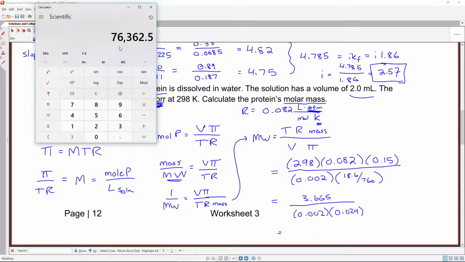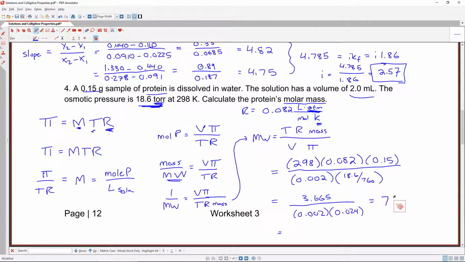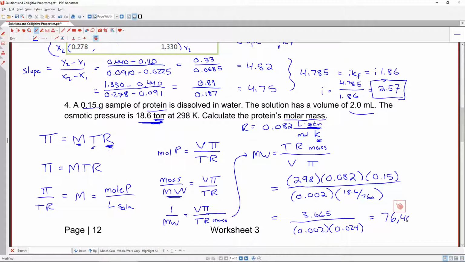Again, these are proteins, so they're possibly hundreds of carbons long, and oxygens and whatnot. So they're expected to be very, very large. So 76,400, we'll round that off to that, 400 grams per mole, and I'm very confident about that.